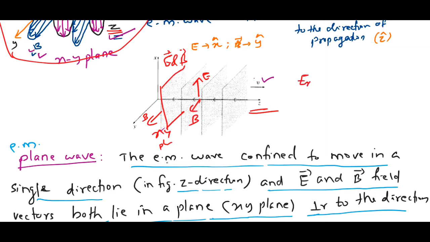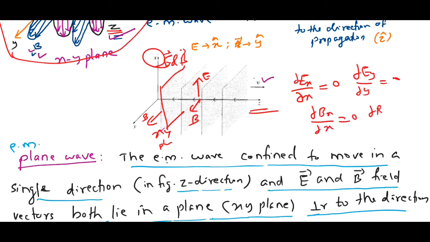Therefore, we can write dou Ex by dou x will be 0, dou Ey by dou y will be 0, dou Bx by dou x will be 0, dou By by dou y will be 0.